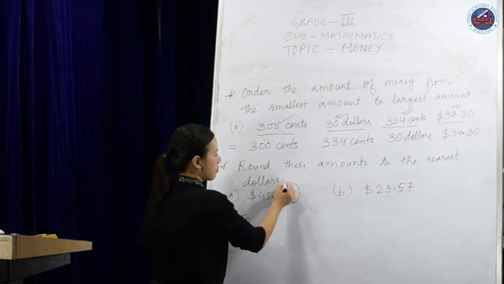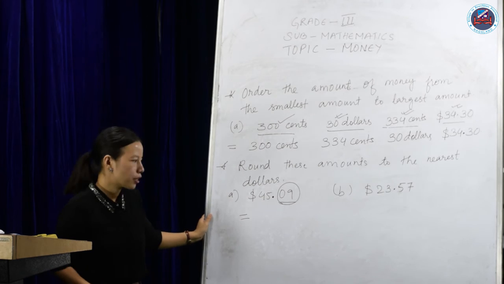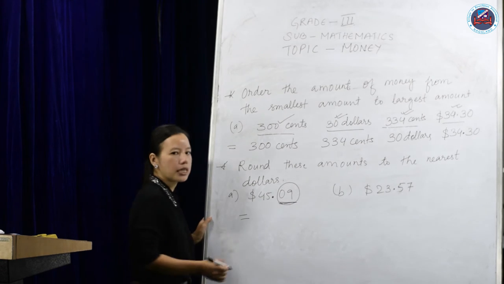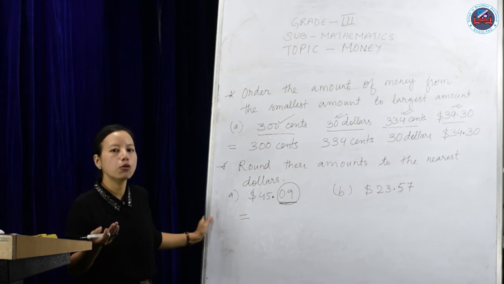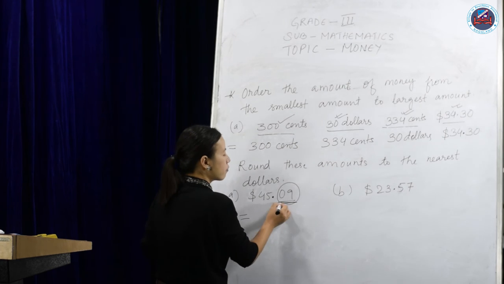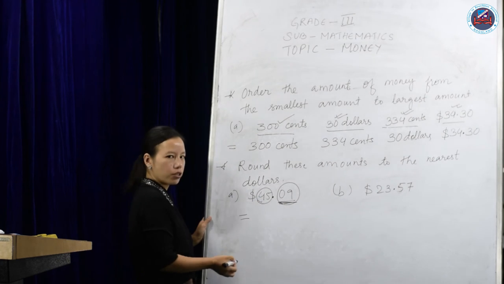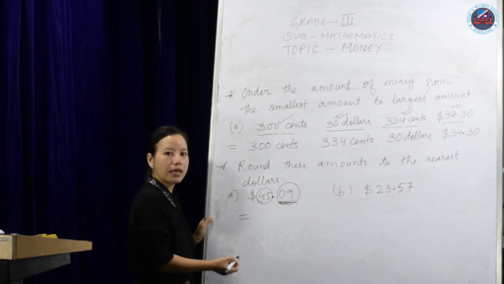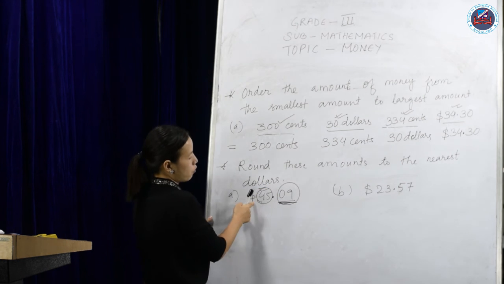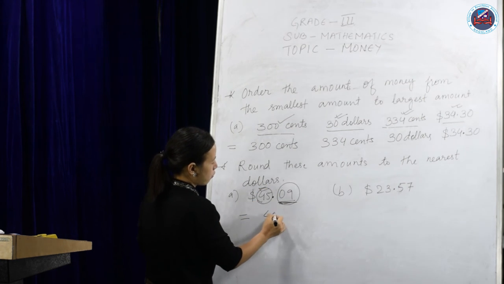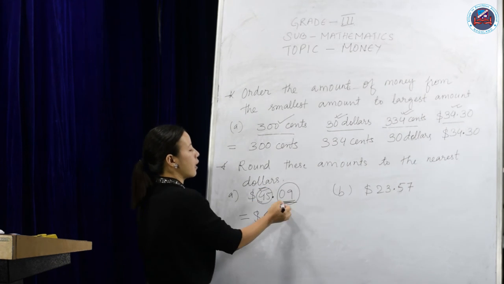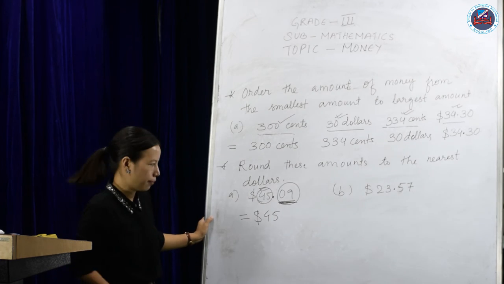Always look at the cents amount, compare it whether your cents amount is less than 50 or more than 50. If it is less than 50, your dollars amount, which is on the left, will remain the same. That is, $45 will remain as $45. Why? Because the cents amount is less than 50.